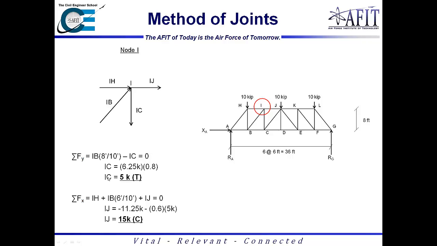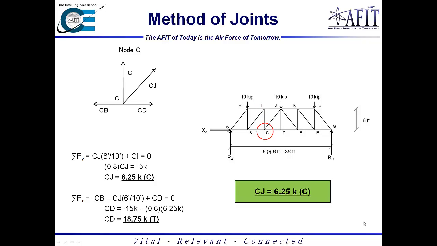When we actually solve for it, we find out that IC is acting 5 kips in tension. Summing the forces in the x direction, we have IH, IJ, and the x component of IB. IH and IB are acting in the positive direction, as well as IJ, so one of these is going to have to be in compression, which winds up being IJ. So IJ winds up being 15 kips compression.